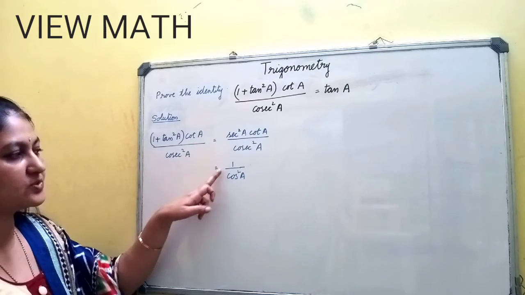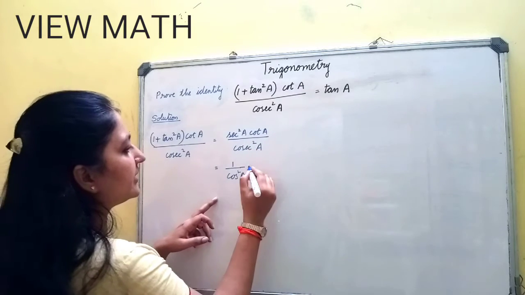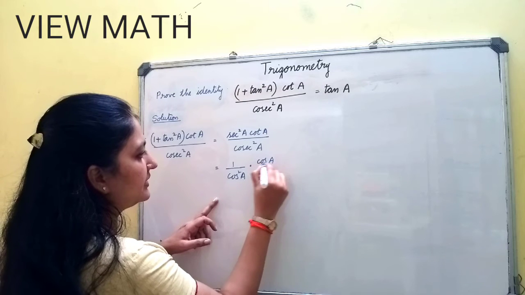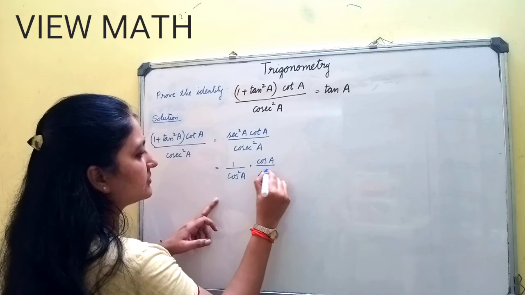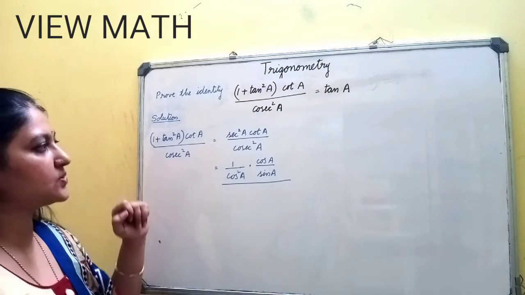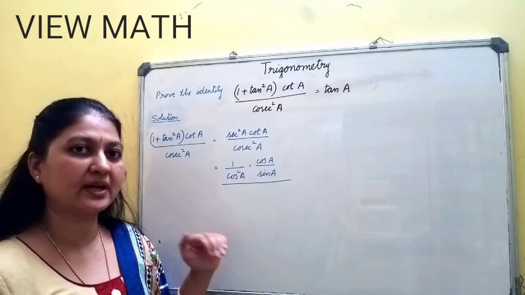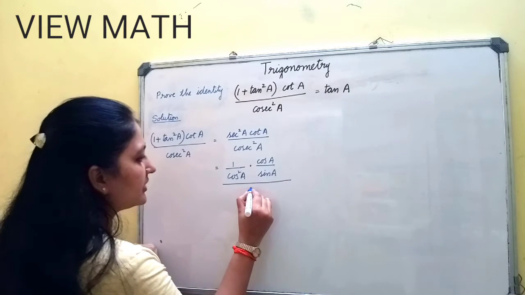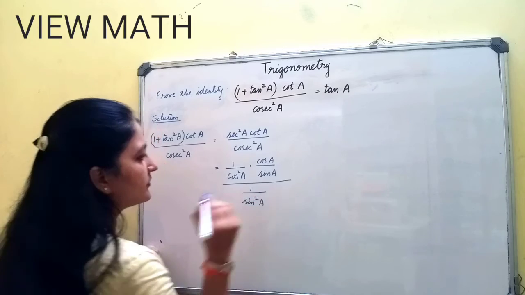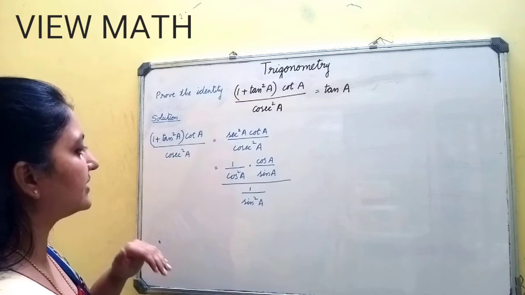Secant square A, I am writing it as 1 by cos square A. Cot A, I can write it as cos A by sin A. The whole thing divided by cosecant square A, I can write it as 1 by sin square A. Now I have simplified it.